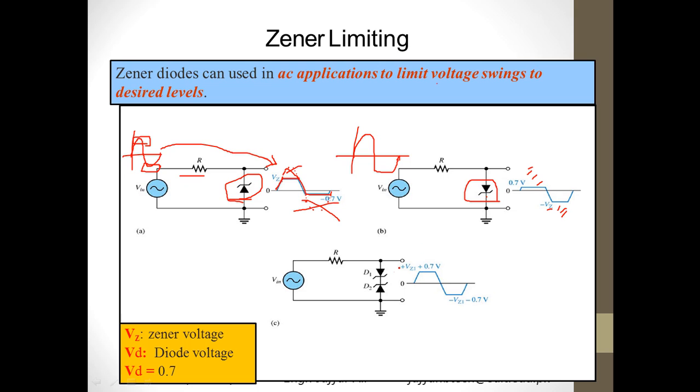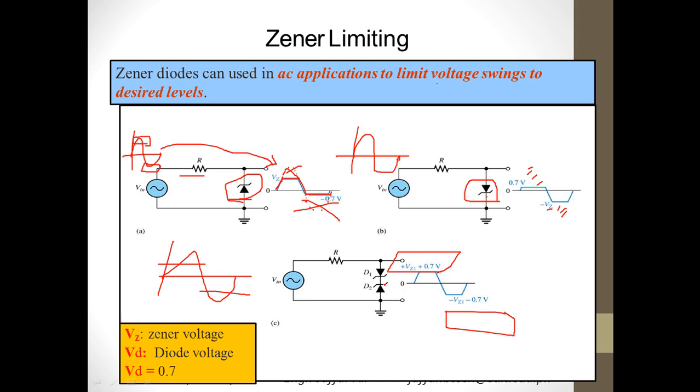And if you add two diodes over here, both in opposite directions, you are clipping the same ranges from either side. Say you have an input like this, and you want to equally clip the voltage signal.